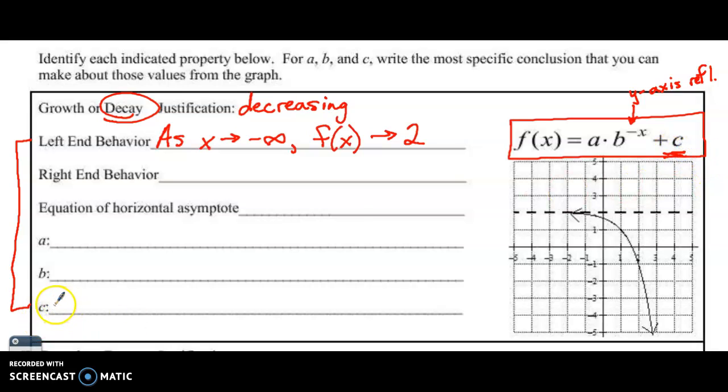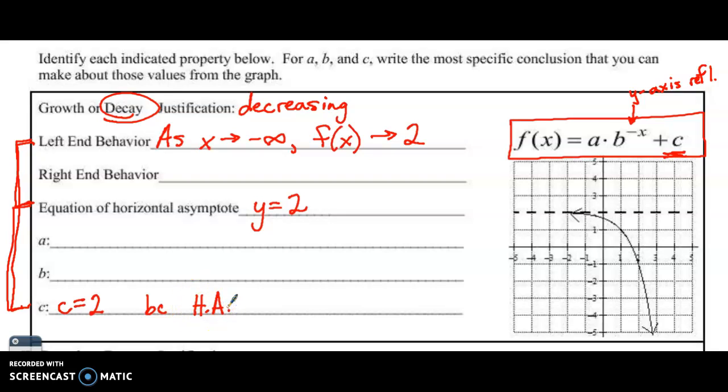Now that we know that C is equal to 2, oops, I guess I could have mentioned that right here as well. The equation of the horizontal asymptote is y equals 2. If they ask for a specific conclusion about this, you can write because of C, a horizontal asymptote.